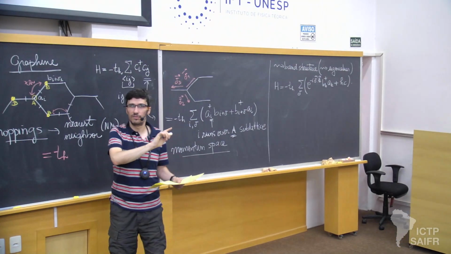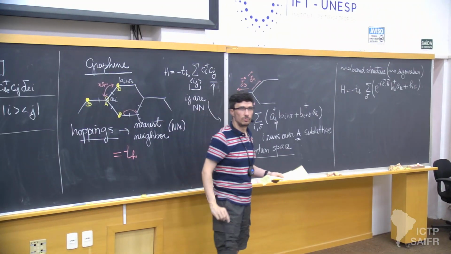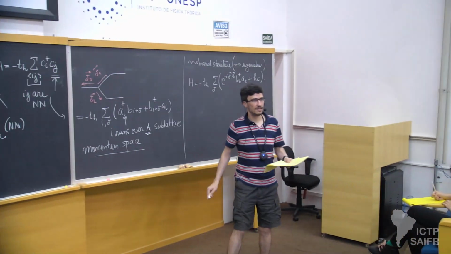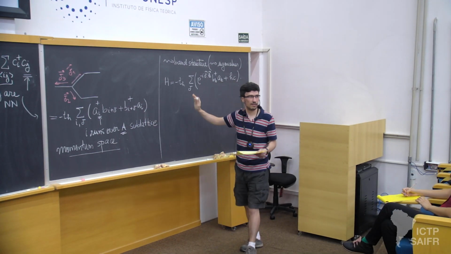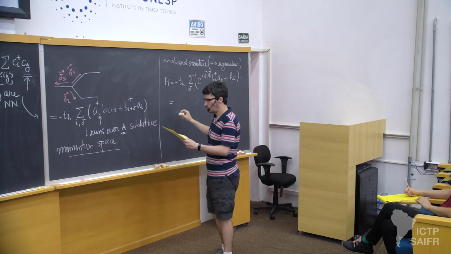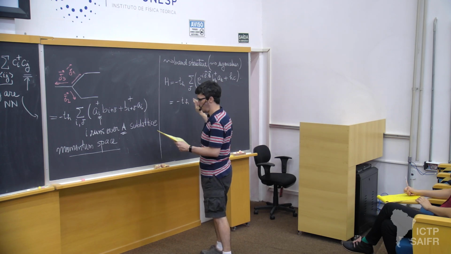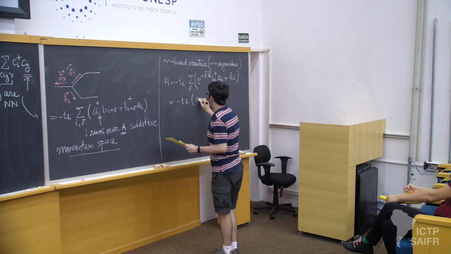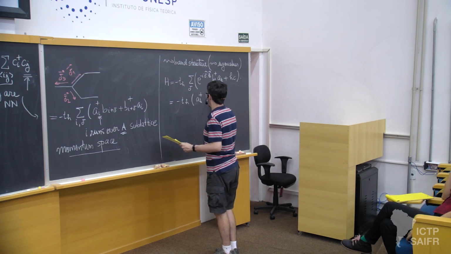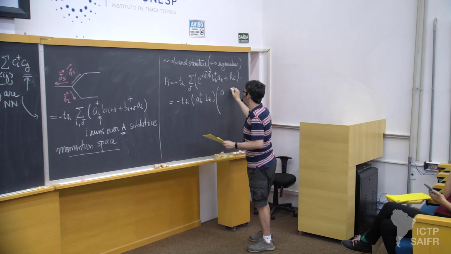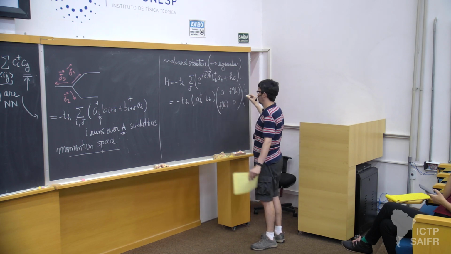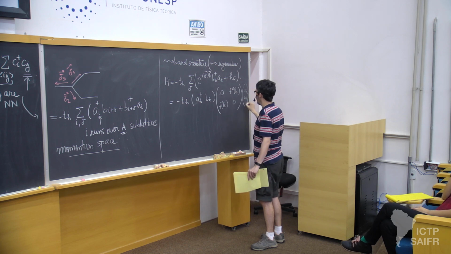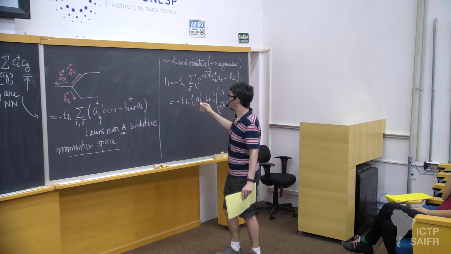If you haven't ever seen this before, just ask me during the coffee break or during the afternoon exercise lecture. Anything that you have never seen before, because I won't have time to do this carefully. We can rewrite this as minus t_h, (a_k dagger, b_k dagger), times the matrix (0, f star of k; f of k, 0), times (a_k, b_k). All these k's are vectors, and delta is a vector.